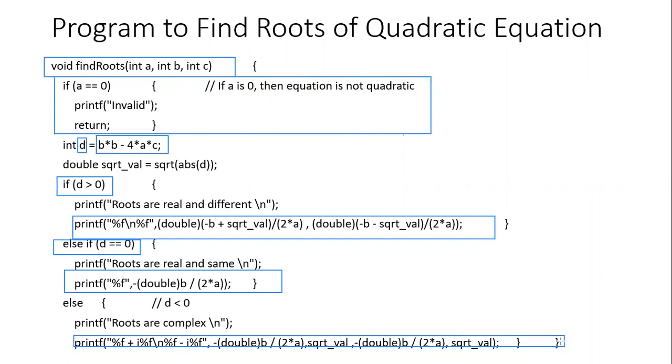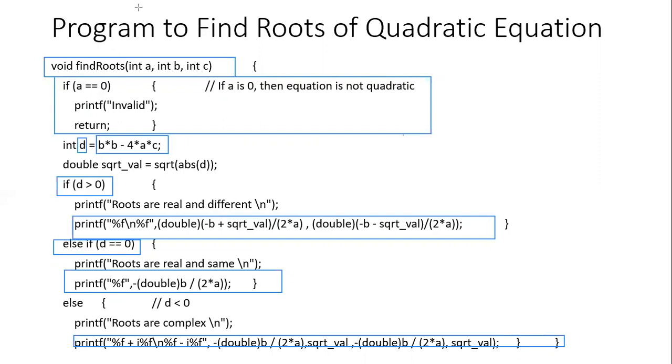So overall, the program is divided into, first of all, find the value of A. If the value of A is 0, do nothing. If the value of A is not equal to 0, then compute B square minus 4AC.